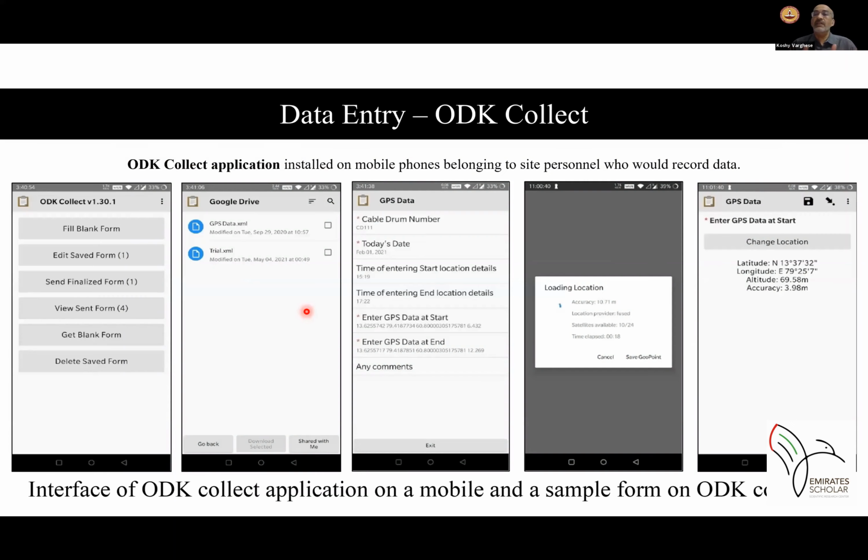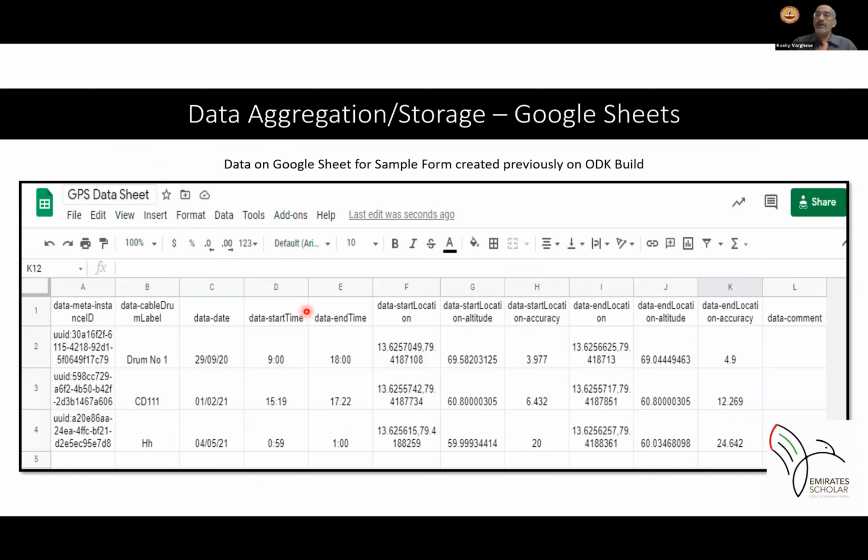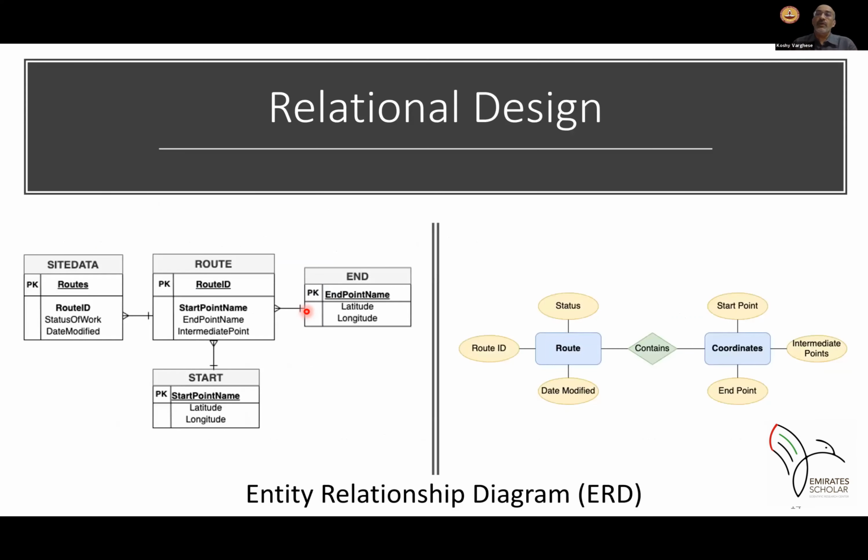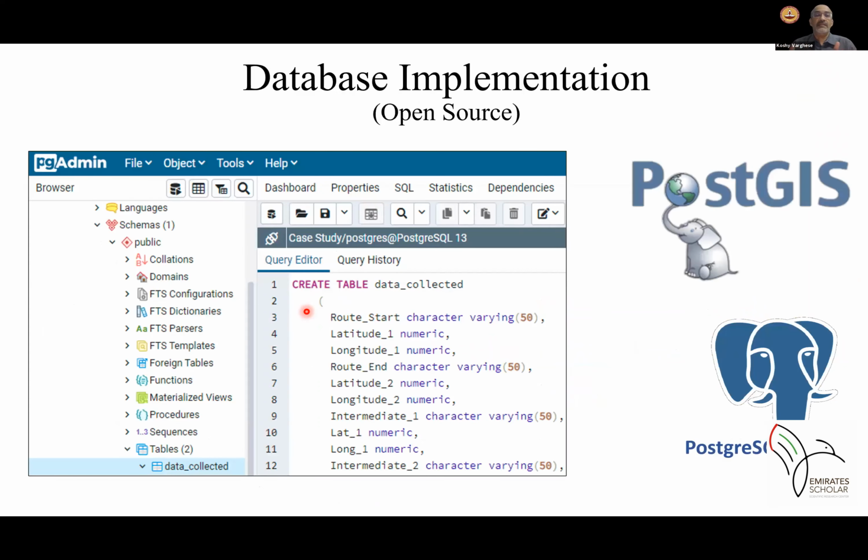So you can see the screenshots from a mobile platform where you can actually get the data entry done, get it into a Google spreadsheet at this stage for storing the initial data, take it into a relational database design where it goes into the spatial database also, where we take PostgreSQL and PostGIS and combine them together to have the overall spatial database function that is done. So this is the basic structure of what was architected and developed.